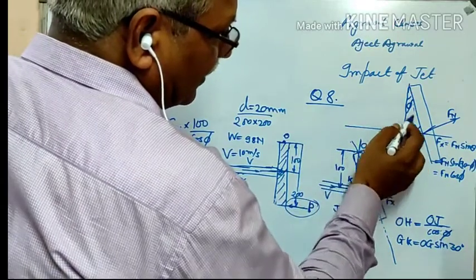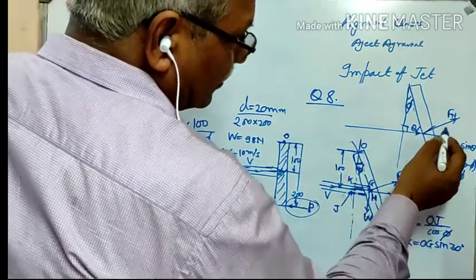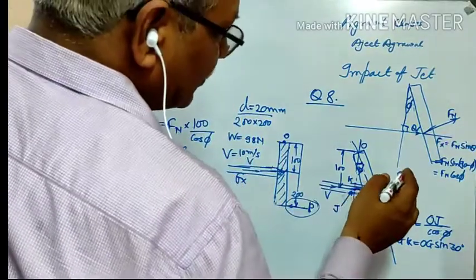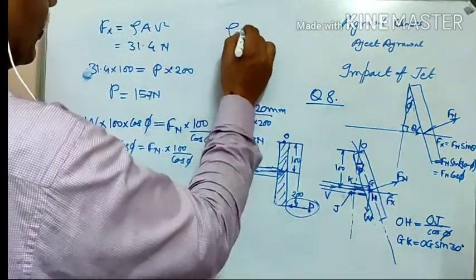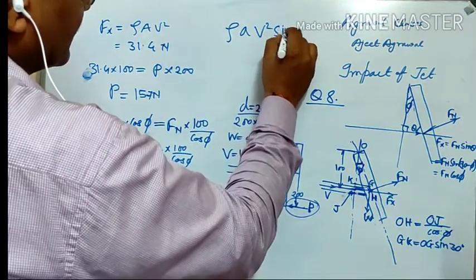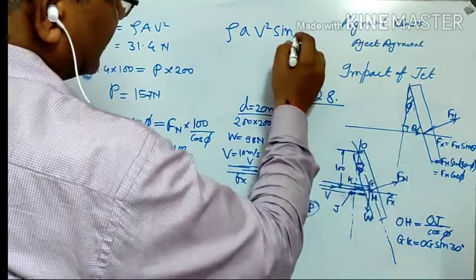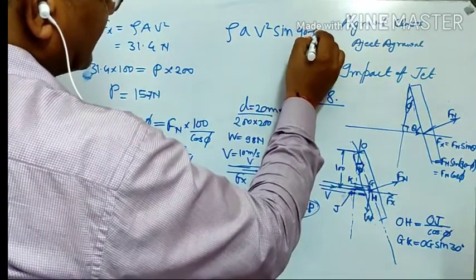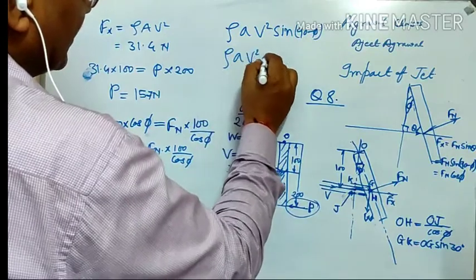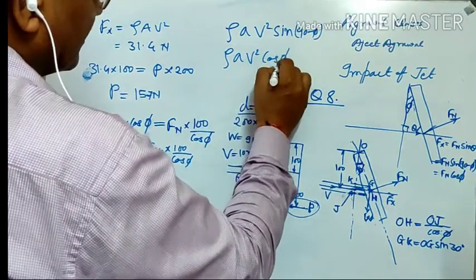So Fn equals rho a v square into sine of theta, that is sine of 90 minus phi, so it is rho a v square cos phi.